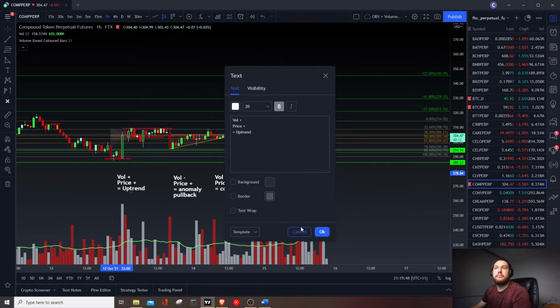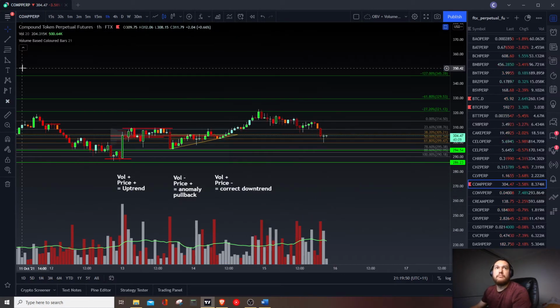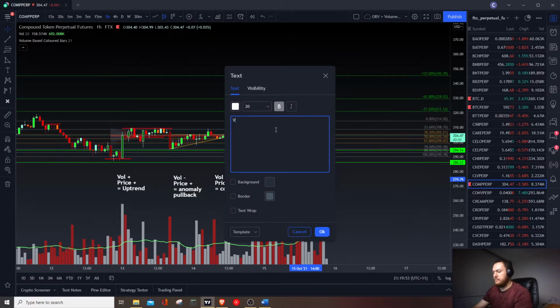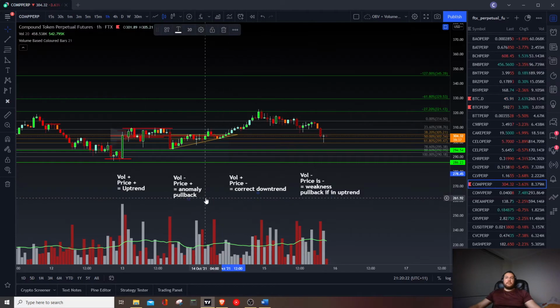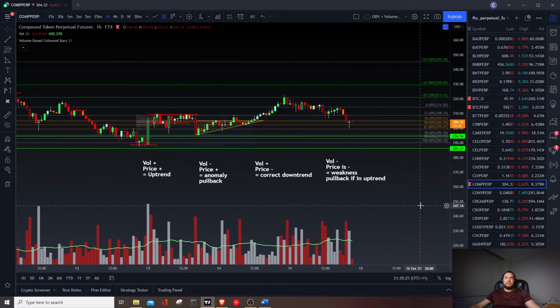Uptrend, right? And then if volume is minus and price is minus, then it equals a weakness. So if it's in an uptrend, it's just a pullback. Pullback if in uptrend. Okay, so there's some rules.